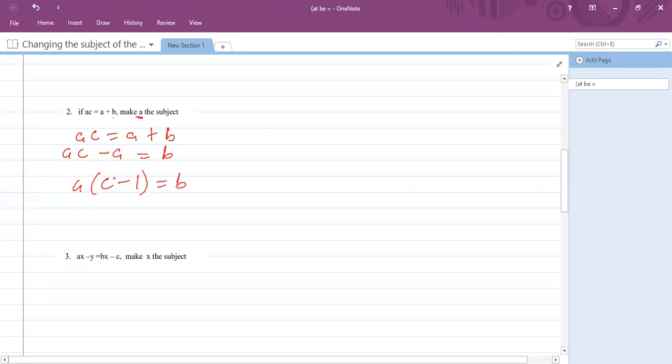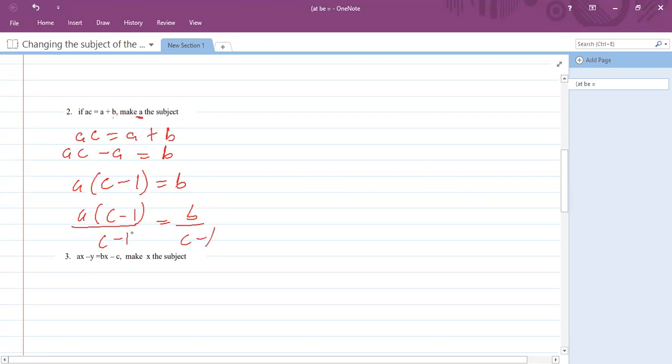Right? Now, what is the C minus 1 doing with the A? Multiply. What's the opposite of multiply? Divide. We divide, right? So we are going to say A bracket C minus 1 over C minus 1 is equal to B over C minus 1.